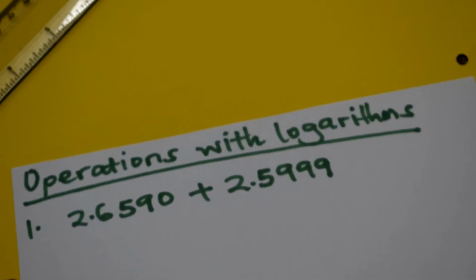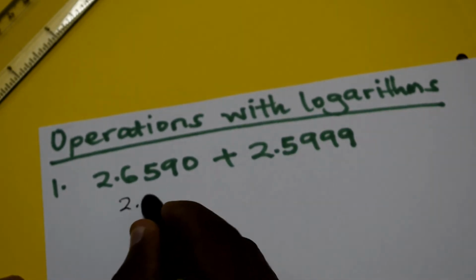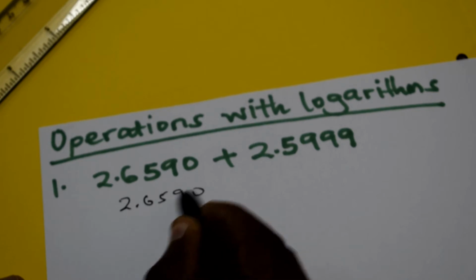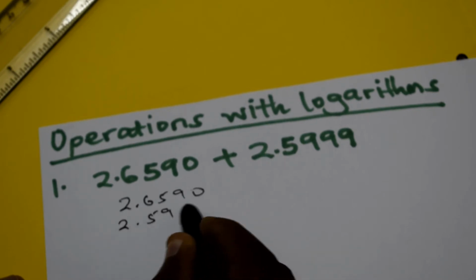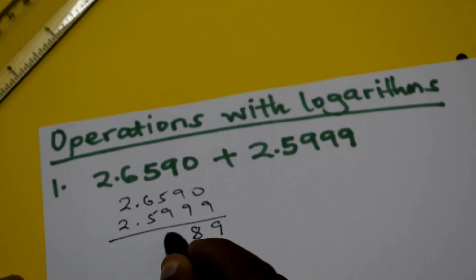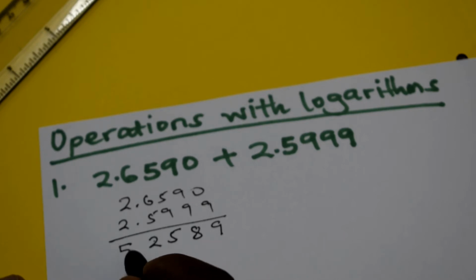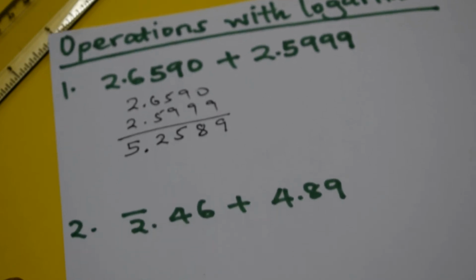You can decide to write this one in vertical form: 2.6590 added to 2.5999. This will give us 9, 18, 15, 12, 5 points. So we can add logarithms that way.